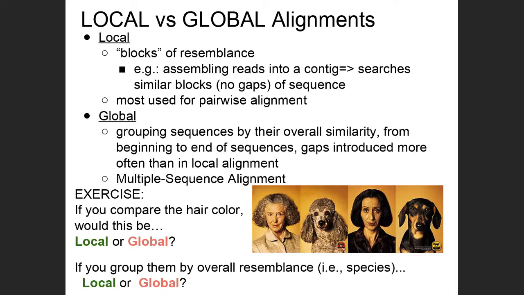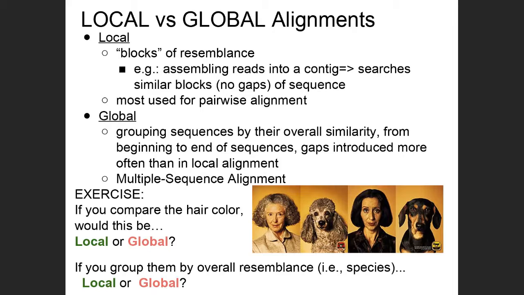And then this dog and this dog would be in another branch, people on one clade, and then animals on the other clade. So when I'm doing phylogenetic trees, I'm looking at the overall picture, I'm not zooming in. But if I'm doing a local comparison, I might be looking at just the hair, or maybe the body color. So I'm zooming in on some spot.